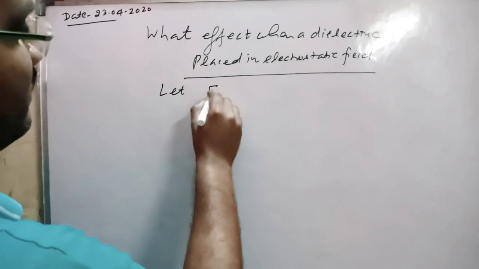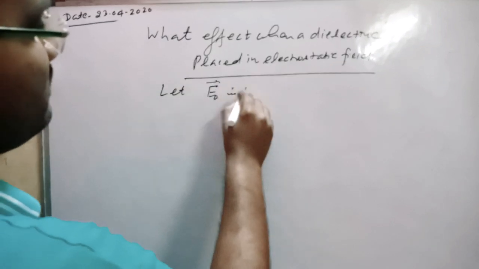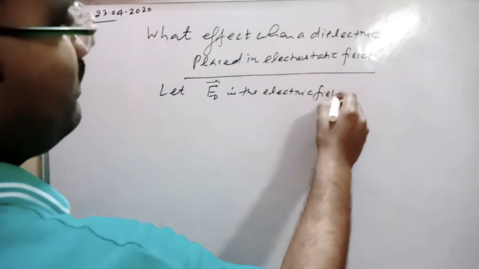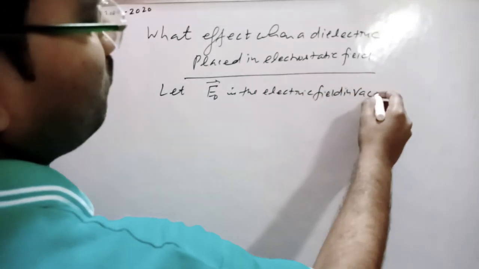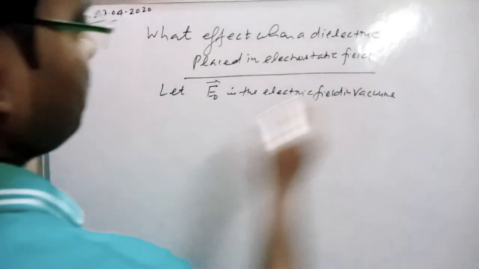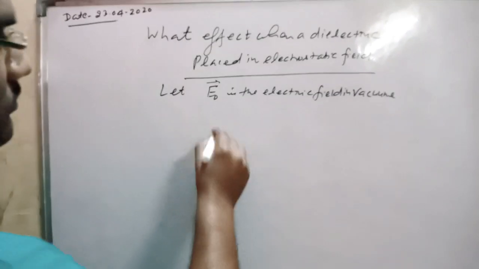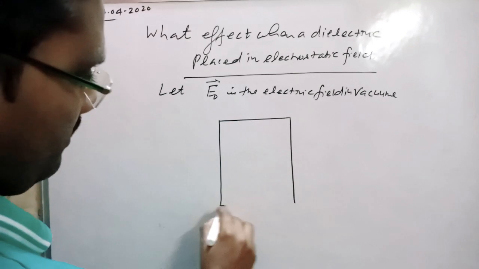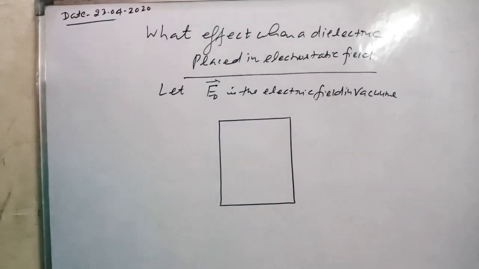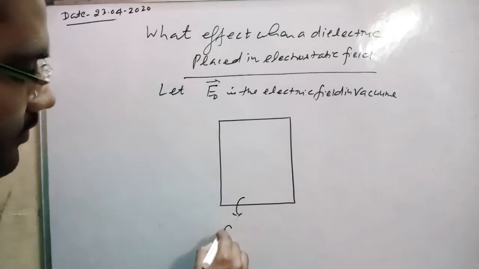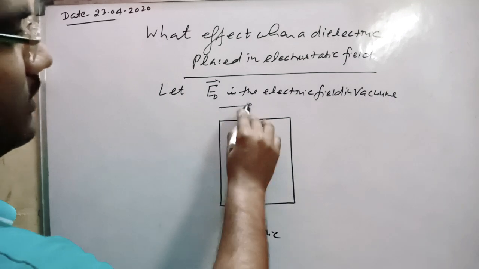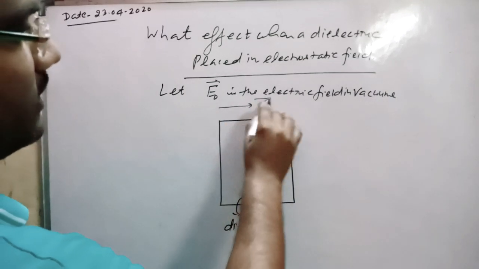Let E naught be the electric field in vacuum. Now this one is the dielectric, and this one is the direction of the electric field.